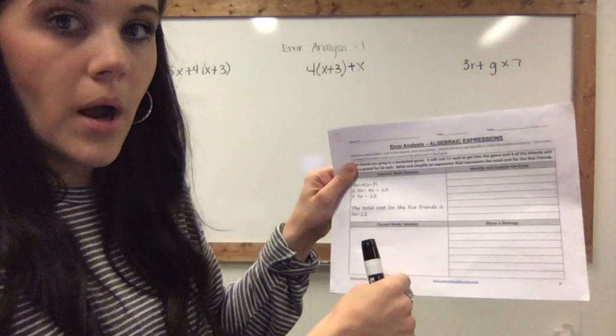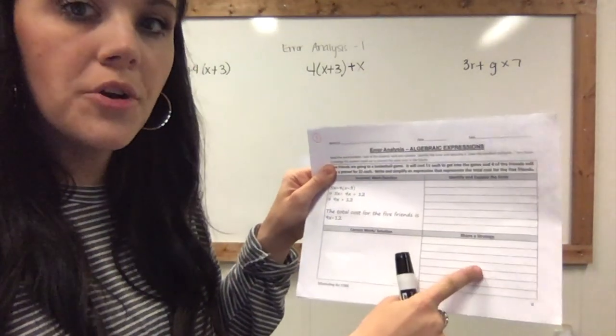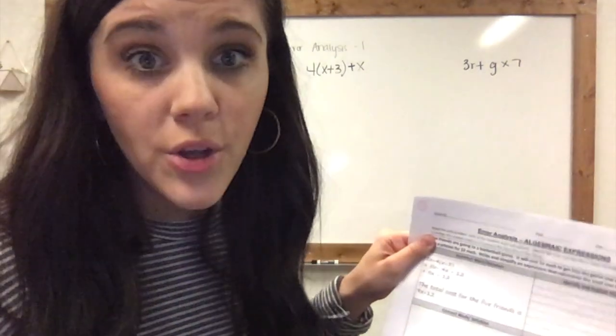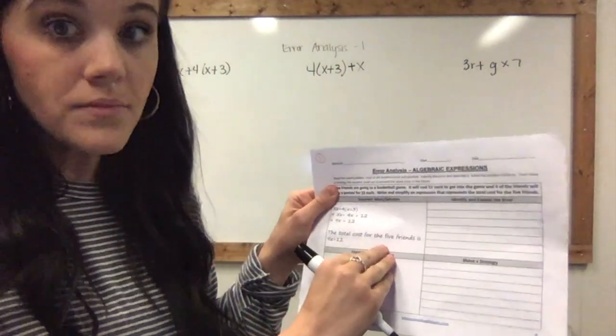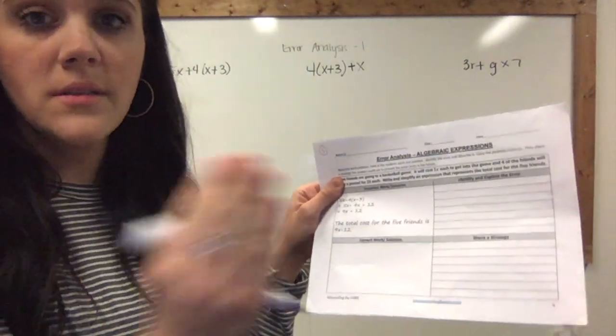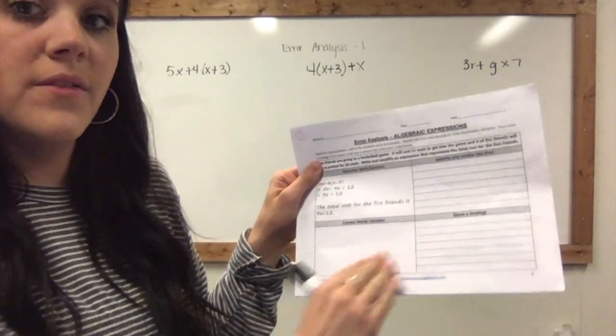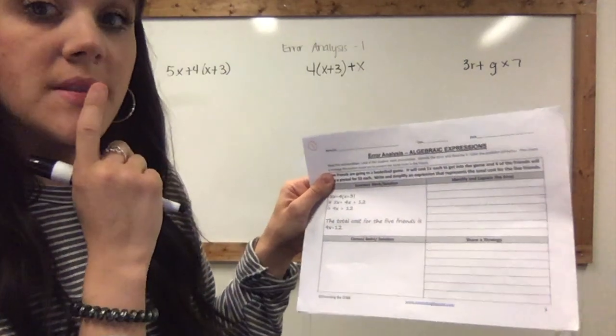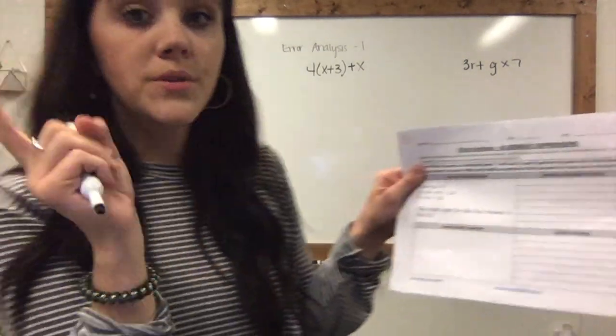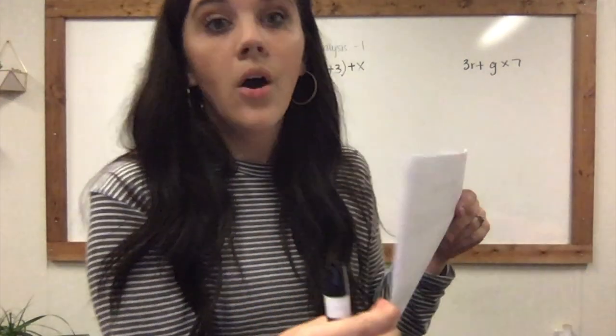So work out the problem, and then here you're going to share your strategies. We are using order of operations to solve these. So setting them up, you can use the equation that we have come up with together, and you're going to use order of operations to solve, okay? Be sure you use correct grammar on these. Always, always, always use correct punctuation, spelling. You guys know these things.